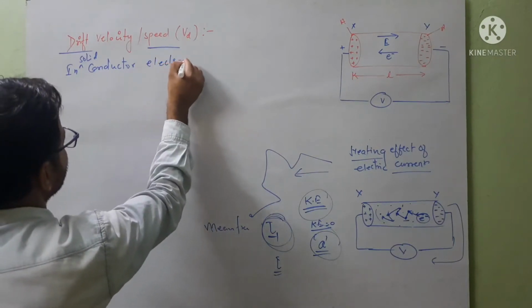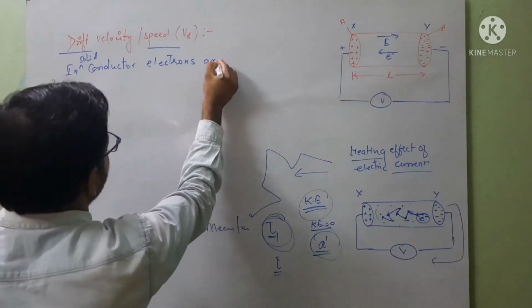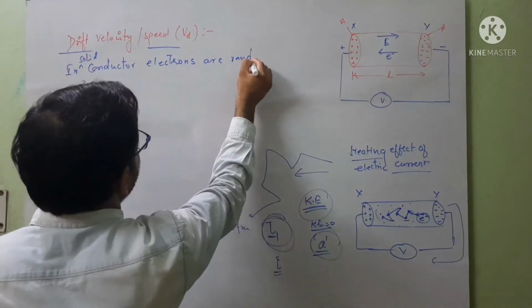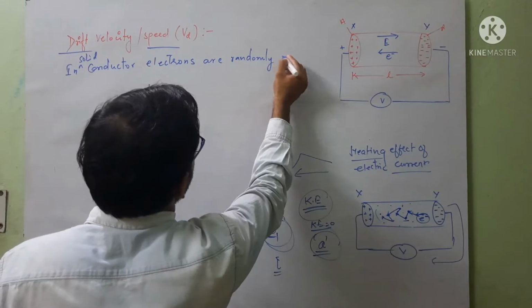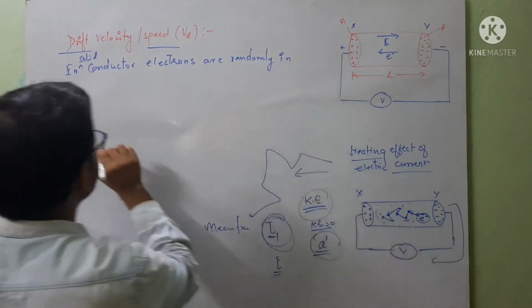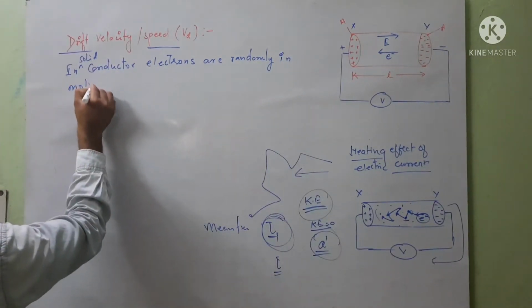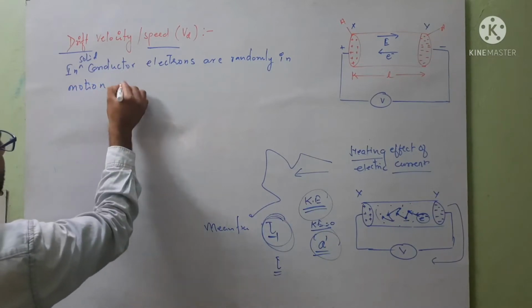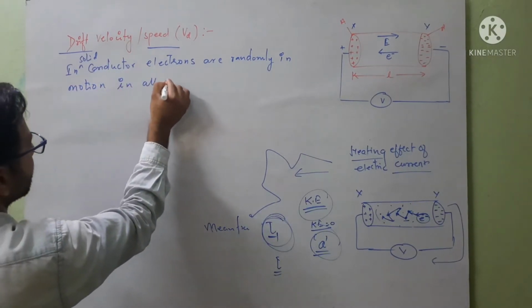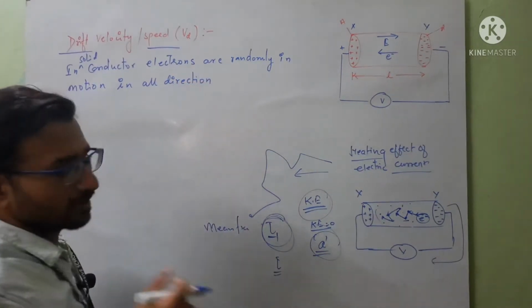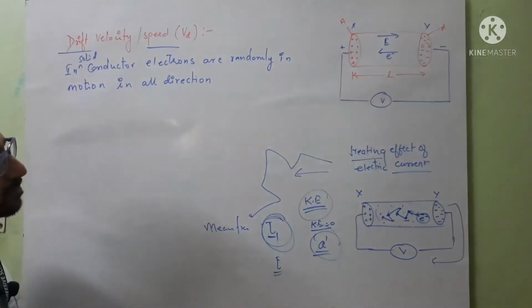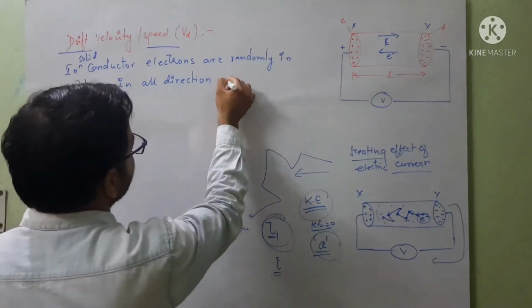Electrons are randomly in motion in all direction. In all direction means the electrons are in motion randomly in all direction at room temperature.